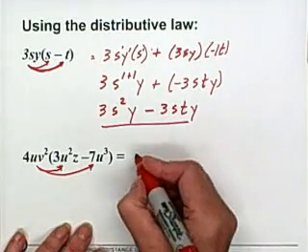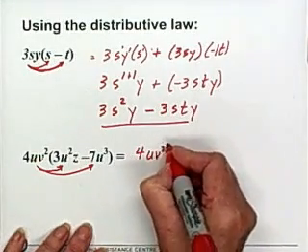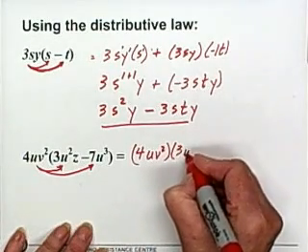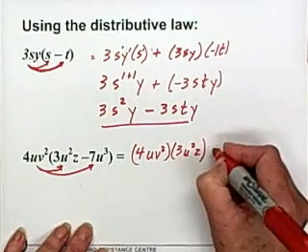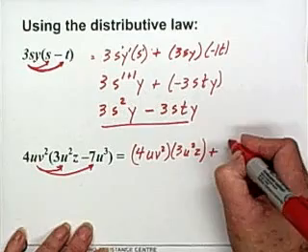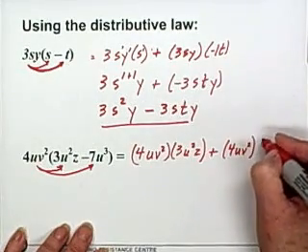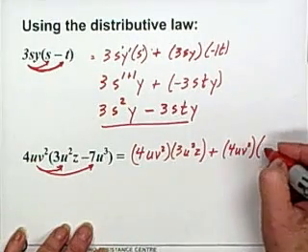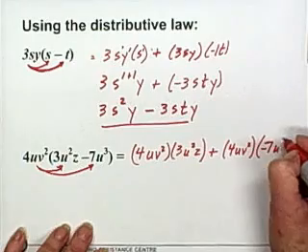So writing it out, we have 4uv squared times 3u squared z. Then we add, it's always important to put the plus in there, 4uv squared times minus 7u cubed.